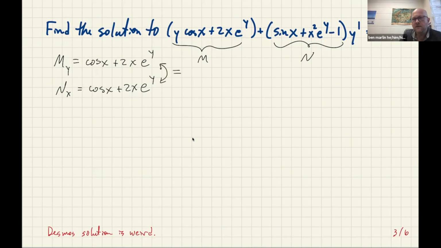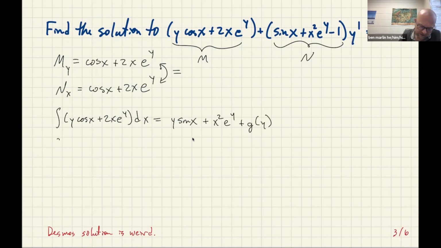So that says that we do have a conservative vector field. We can get a potential function. And so we just tackle that. So y cosine x plus 2x e to the y, integrate with respect to x, and let's see, y sine x plus x squared e to the y plus g of y, and then we'll come down here and do the other one, the integral of sine x plus x squared e to the y minus 1 dy.